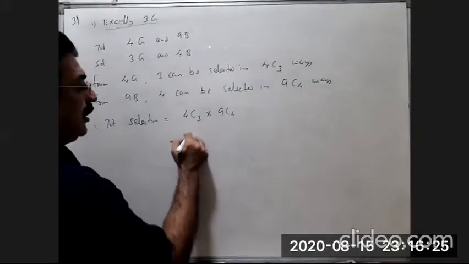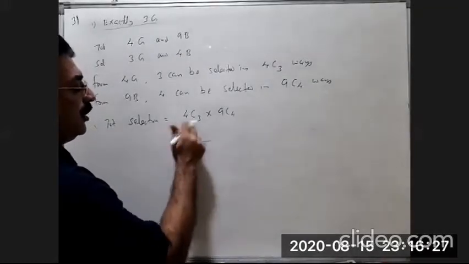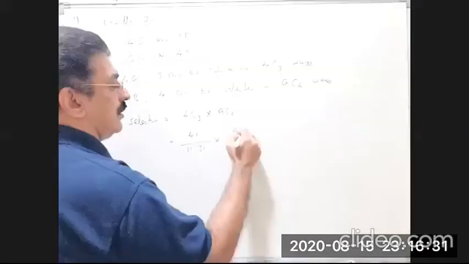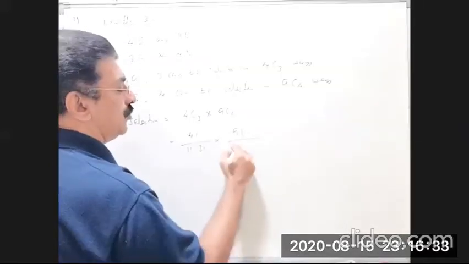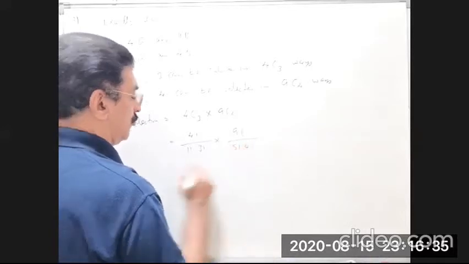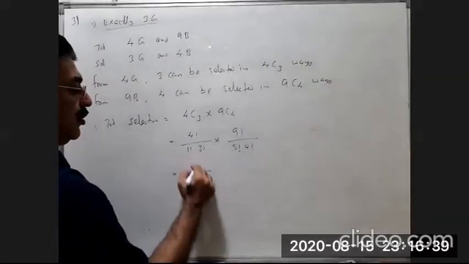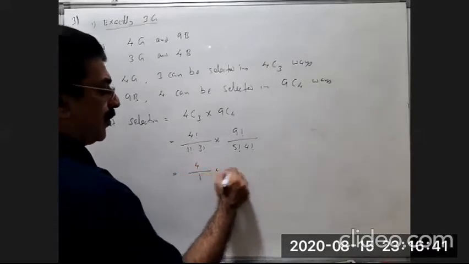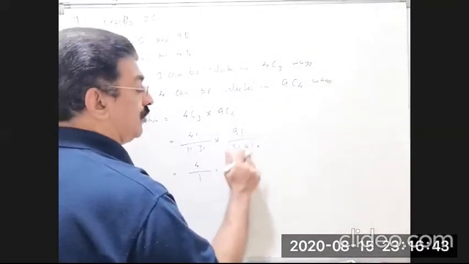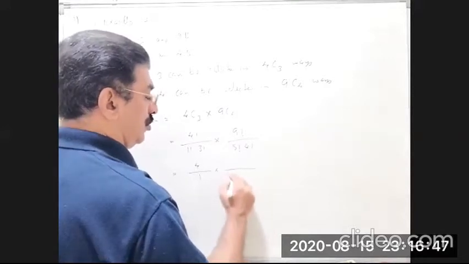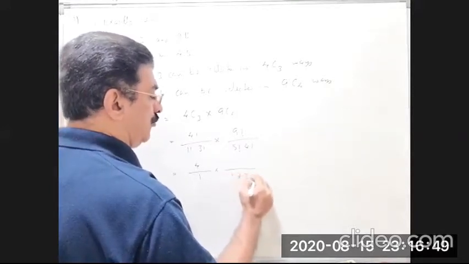So 4C3 is 4 factorial over 1 factorial into 3 factorial, and 9C4 is 9 factorial over 5 factorial into 4 factorial. Out of these two, the smaller one is 4, so in the denominator 1, 2, 3, 4.